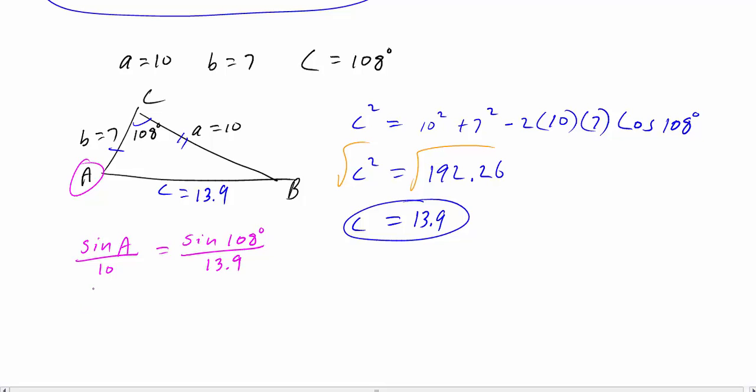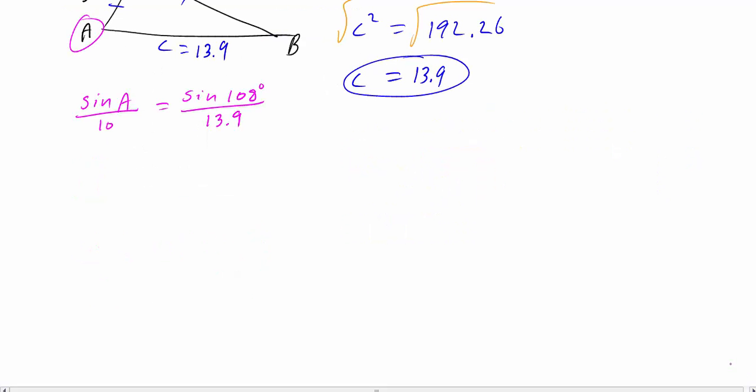And then of course, to get sine A by itself, we need to multiply by 10. So we would have sine of A is equal to the sine of 108 degrees divided by 13.9, and of course that would be multiplied by 10.